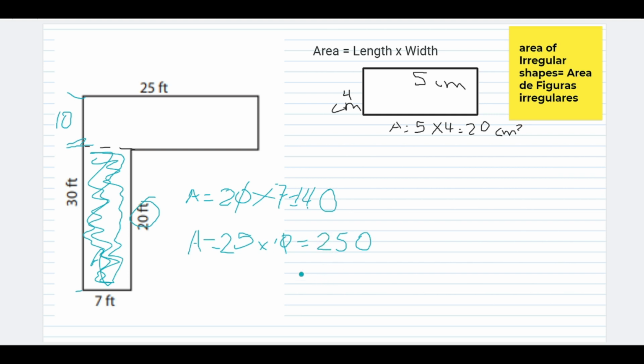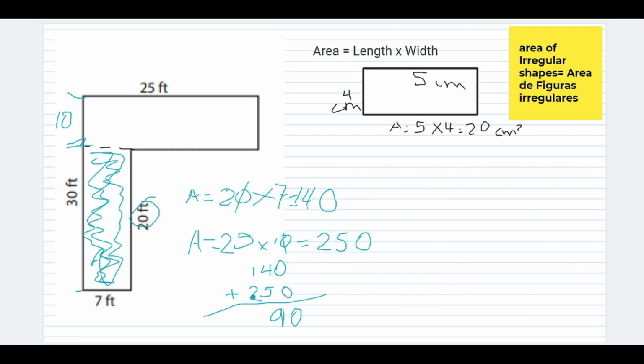Now what's next? You have to combine both areas to get the area of the whole shape. That means 140 plus 250. We add the ones first. 0 plus 0 is equal to 0. 4 plus 5 is equal to 9.